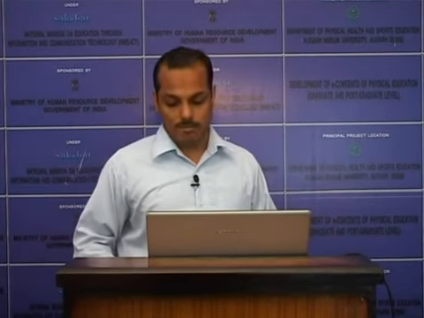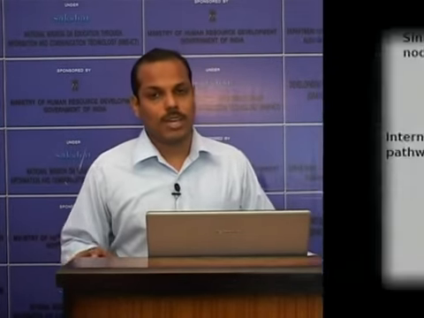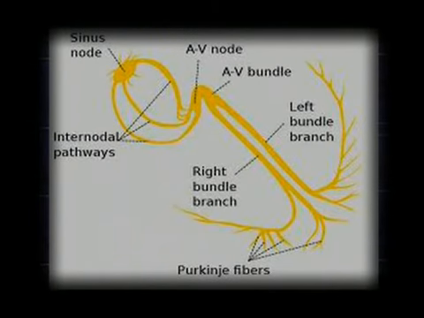and it distributes the stimulus through the myocardium, and in the ventricle there are the AV bundle and bundle branches also. AV bundle is also called bundle of His, and this is the only electrical connection between atria and ventricle, and then there are right and left bundle branches.